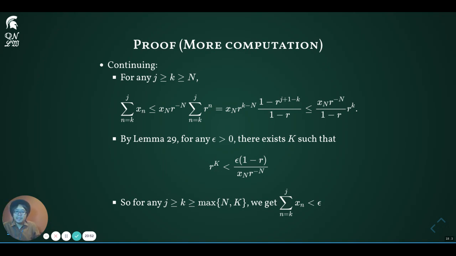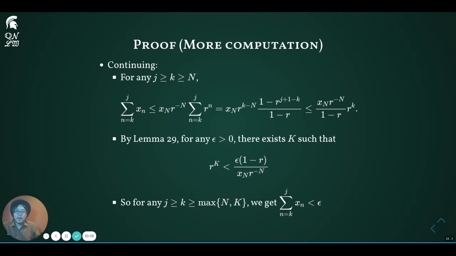Using what we talked about in lecture 3 about geometric series, this sum can be evaluated. The evaluation yields a fraction whose numerator is 1 minus a power of r. Since r is less than 1, so is any of its power. So 1 minus power of r is no more than 1.